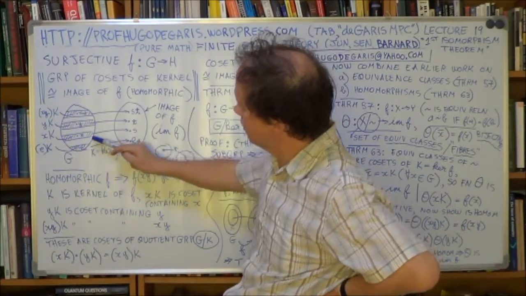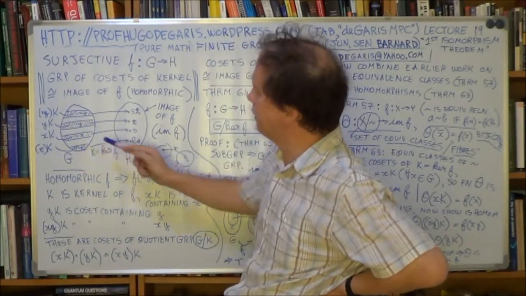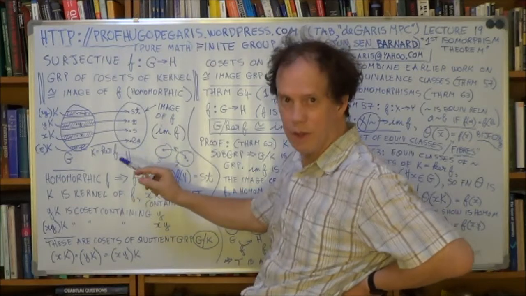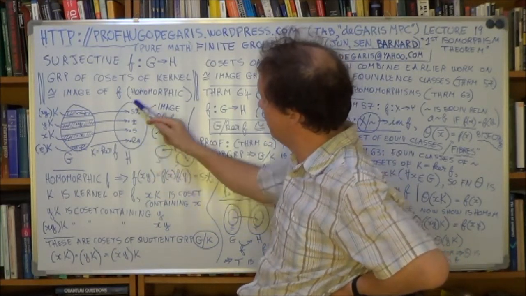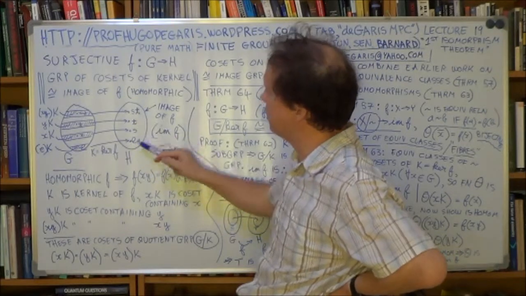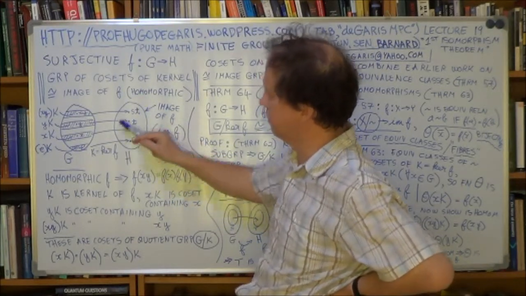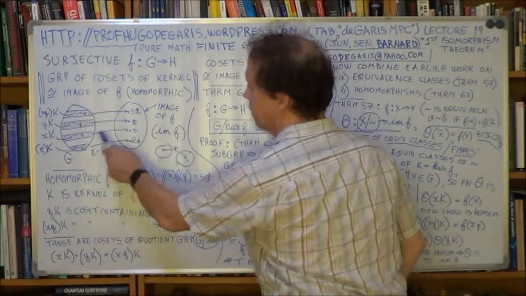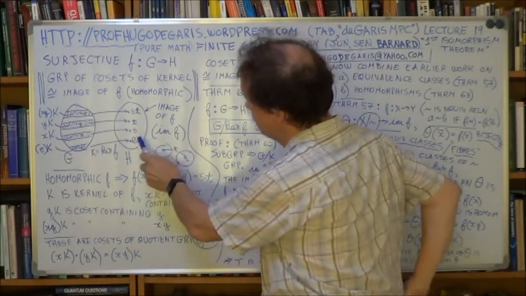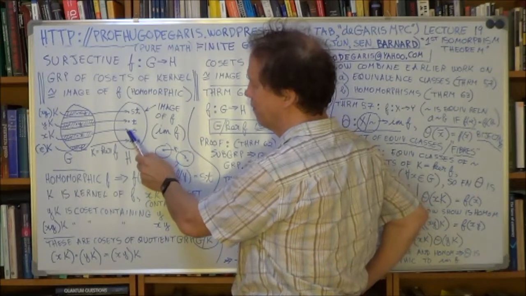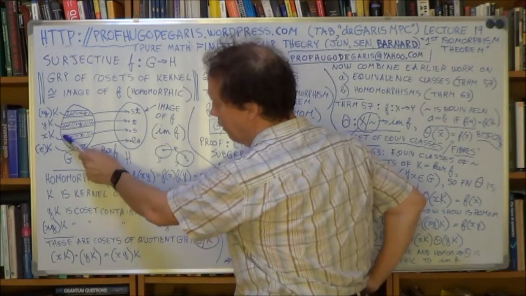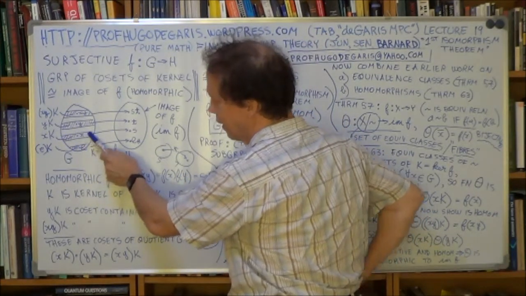So each of these subsets here, which is a coset, each coset maps isomorphically to one element in the image of f, this target group. Right? One coset, one member, and this member here, what is it? It's the image of every element in the coset.